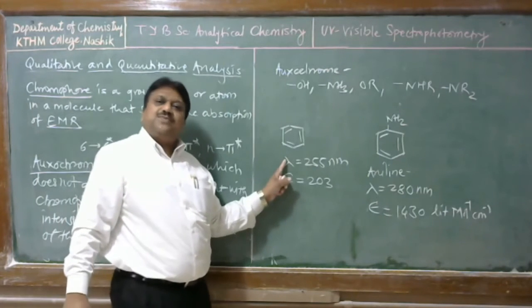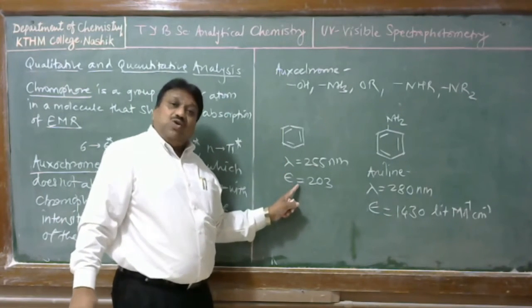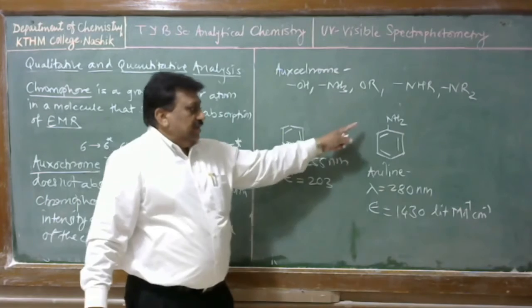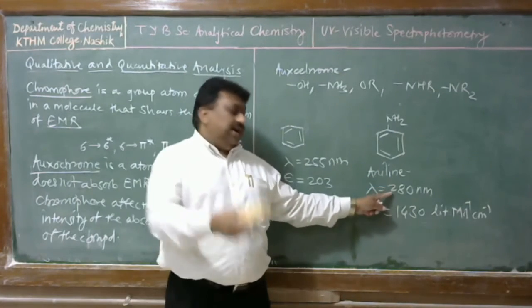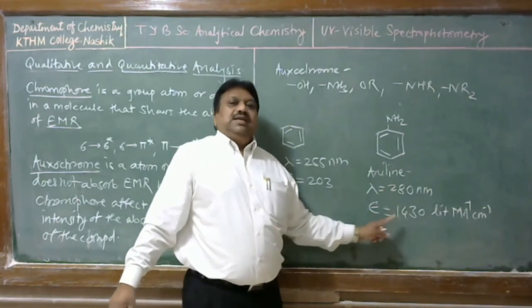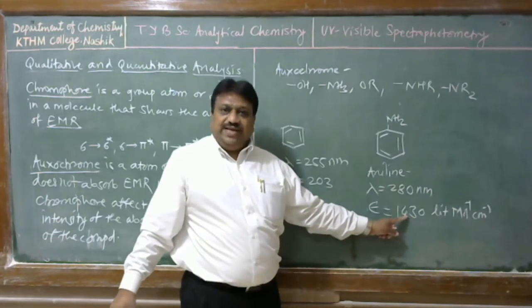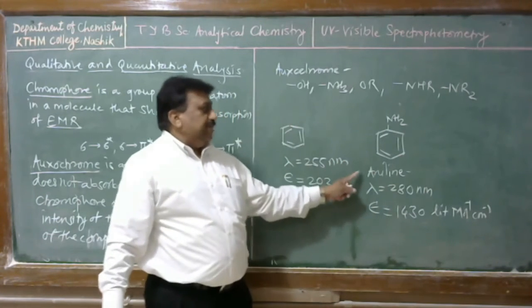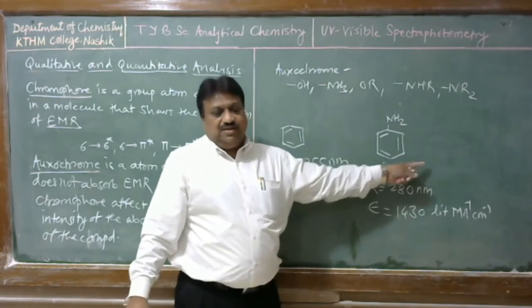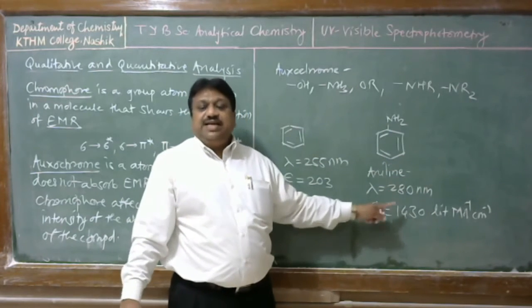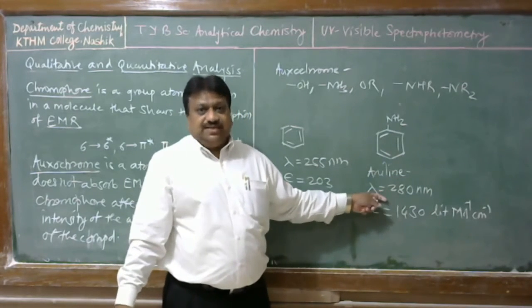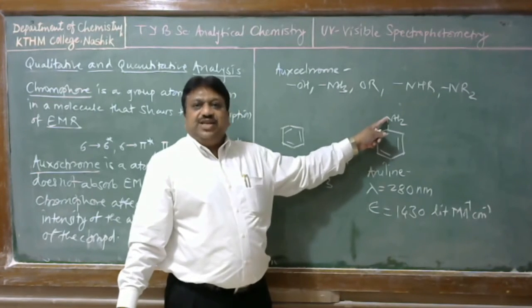Initially, benzene absorbs at this wavelength, having a lower value of epsilon. The absorption maximum shifted to a longer wavelength, and the molar absorptivity is also increased, meaning absorbance is increased because of the addition of this NH2 group.